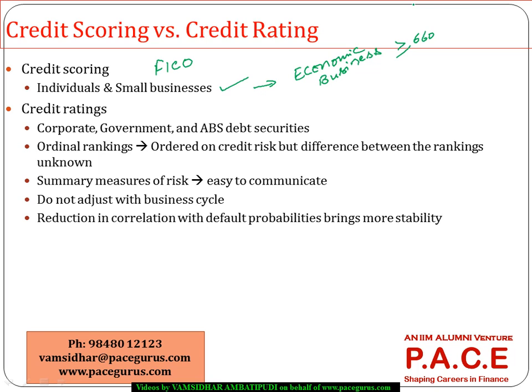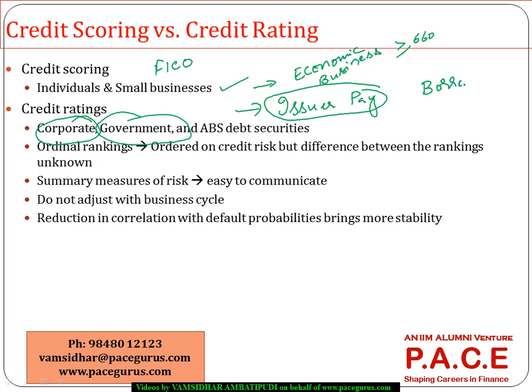When it comes to credit ratings, any organization can get a credit rating. Even a corporate can get a rating, or a government can get a rating, and in some cases these can be issuer-pay ratings, which means the party who is raising capital, who wants a loan, the borrower, pays the credit rating agency to get themselves rated.